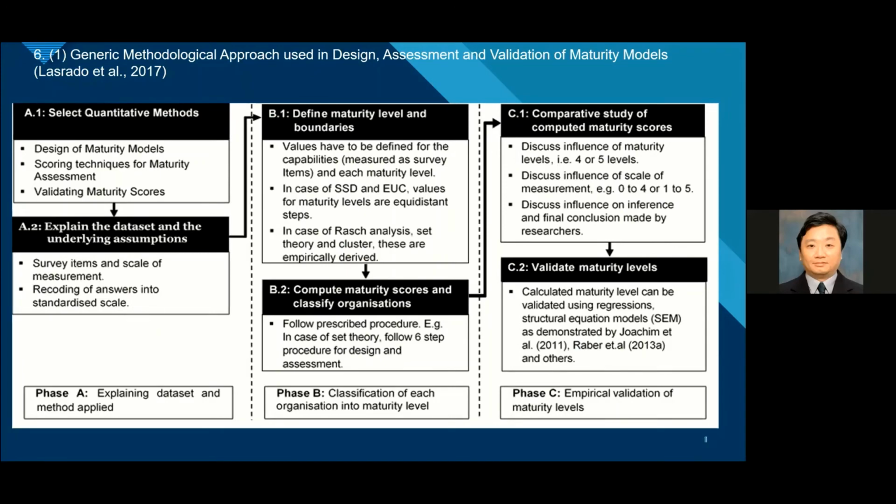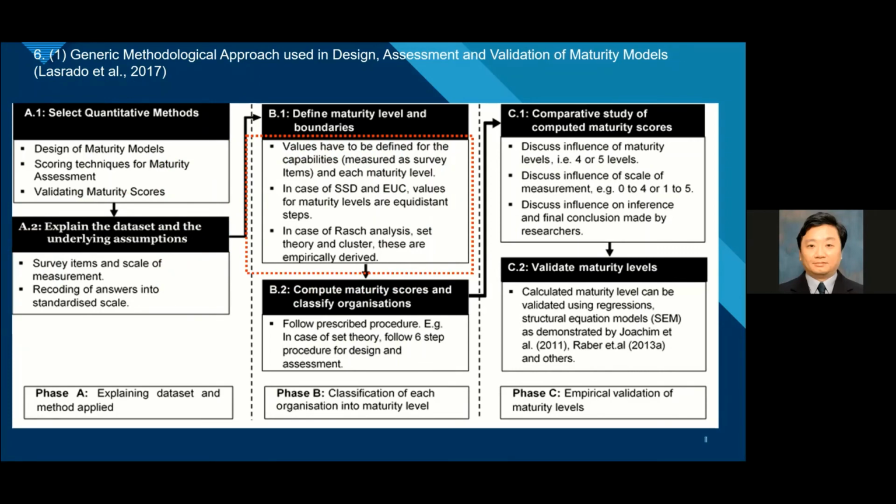This figure shows the generic methodological approach that can be applied to maturity models, adapted from Lasrado et al. 2017. First, we select the quantitative method, explain the data set and the underlying assumption, and then define the maturity level and boundaries.